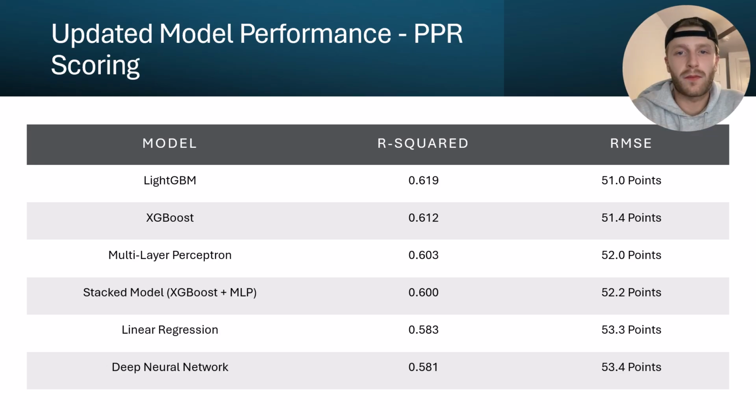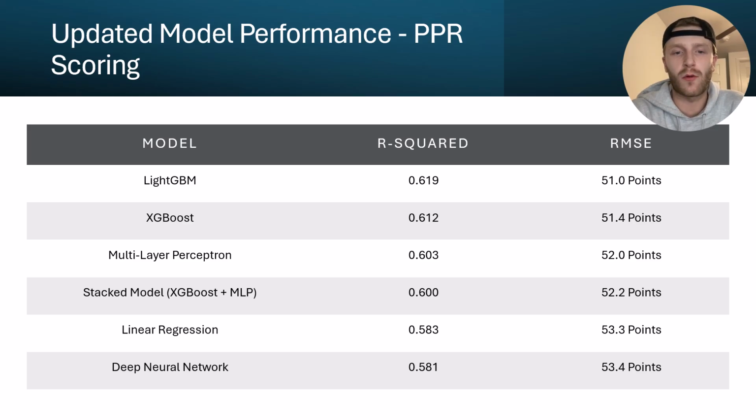Shifting gears to our PPR league models, we see similar increases of 10 to 15% in terms of variation explained. Our best performing model for this scoring type was LightGBM from Google, and similar to standard scoring, the worst performing model was the Deep Neural Network with an R squared of 0.581.